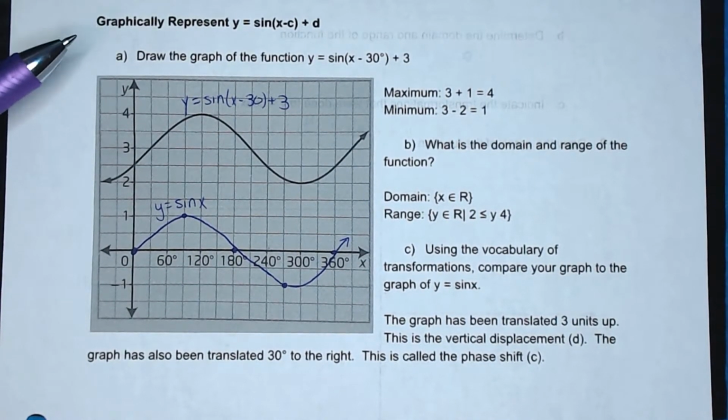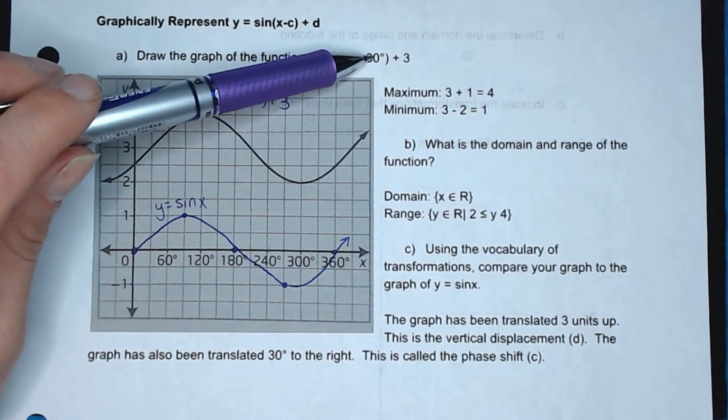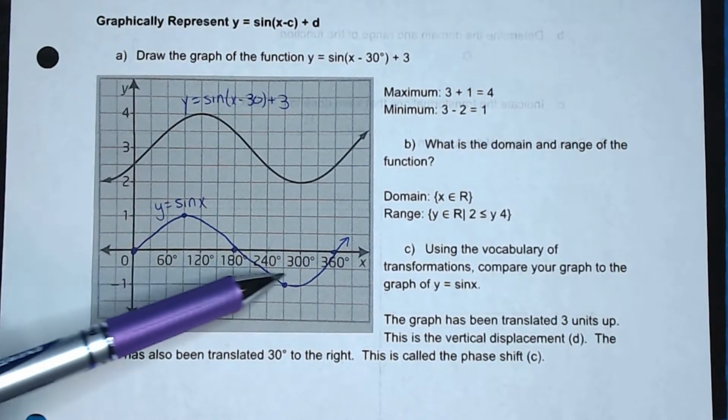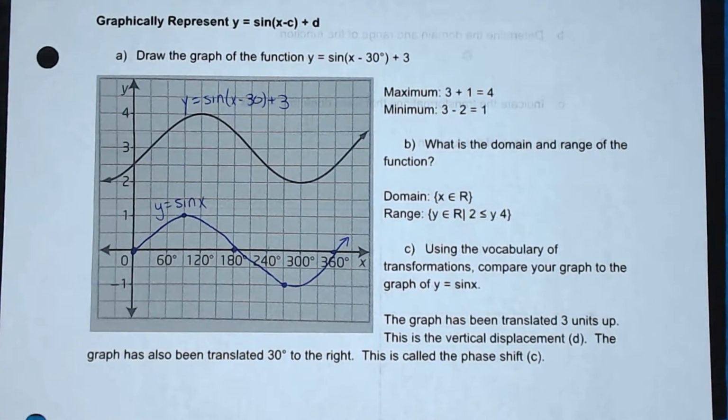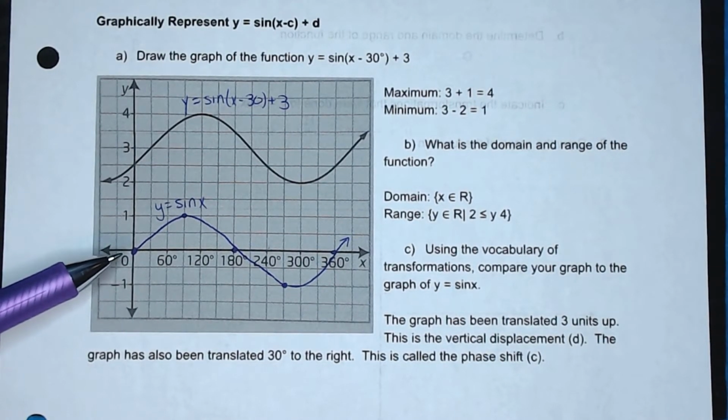It says draw the graph of the function y equals sine of x minus 30 degrees, plus 3. This tells you that your x-axis is going to go up in degrees instead of radians. And what I've done for you here is draw the base sine function in so that you can see how it moved.